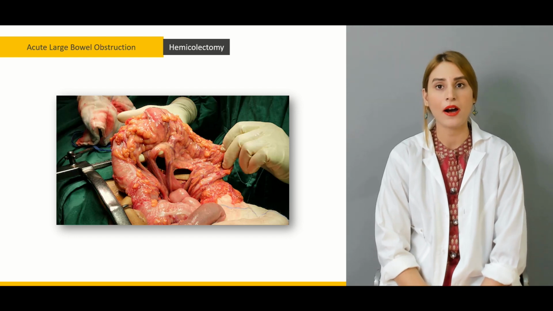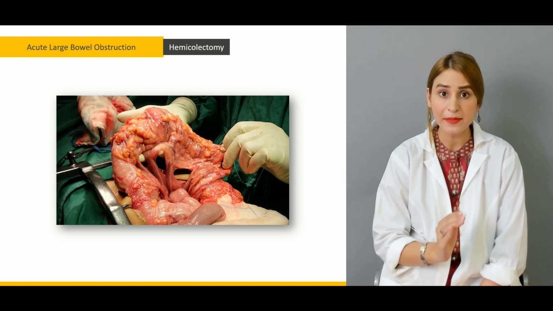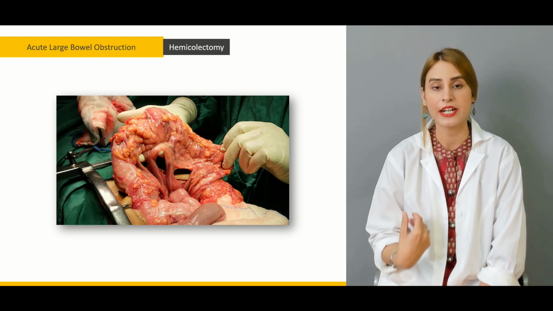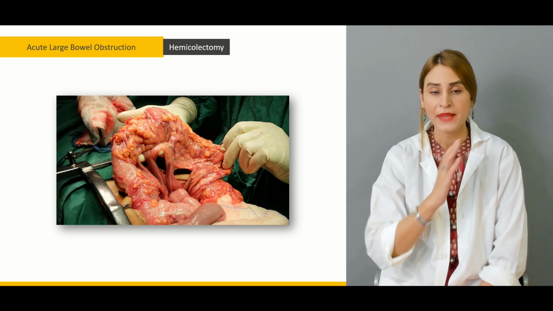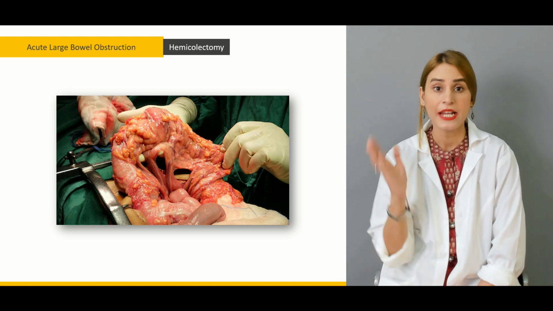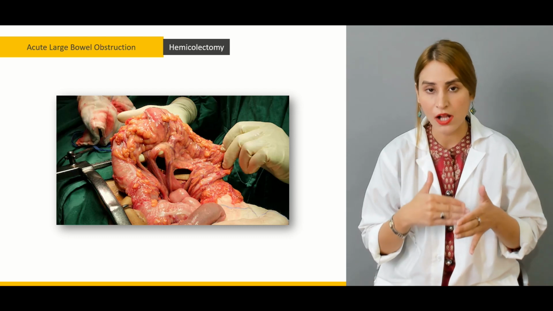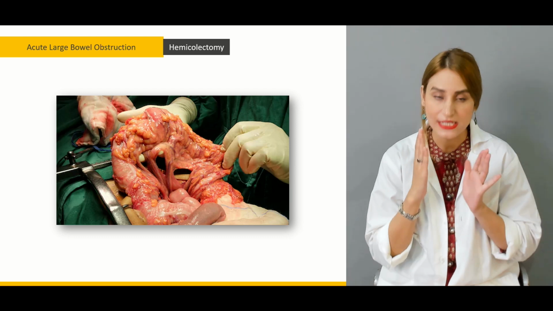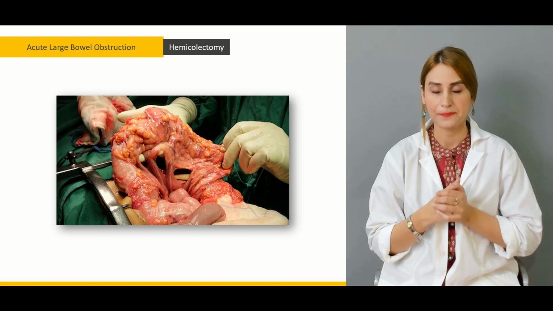It depends upon the segment of the bowel which is being involved. Like if the segment is starting from the cecum, ascending colon, and then the transverse colon, hepatic flexure in the transverse colon, or the splenic flexure, sometimes you perform the hemicolectomy, right? But if there's involvement of the cecum, ascending colon, hepatic flexure, till the transverse colon, you perform the right hemicolectomy.